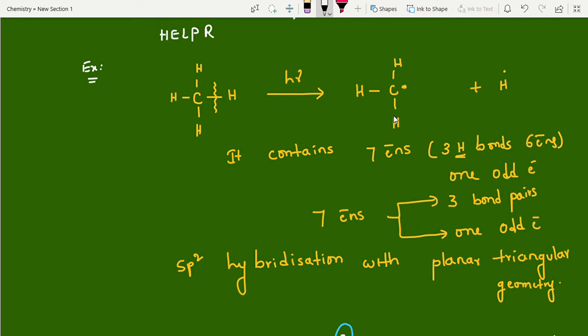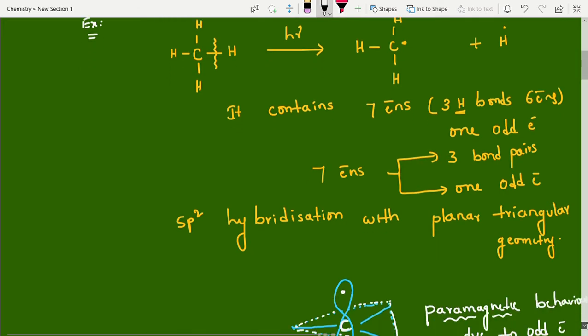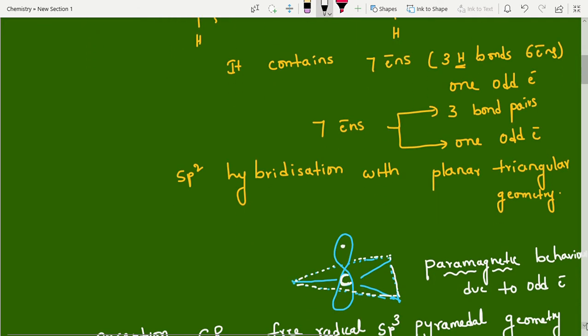You can go like that, or else directly take it as sp2 hybridization with planar triangular geometry. Sp2 hybridization definitely shows planar triangular geometry, not square planar. This is the geometry I have written here. These are hydrogens; you can write hydrogens, anything.